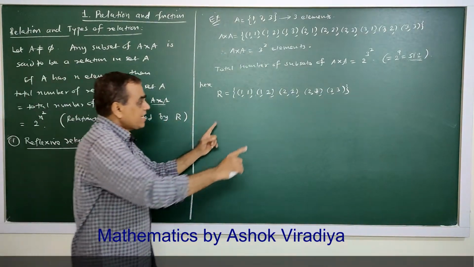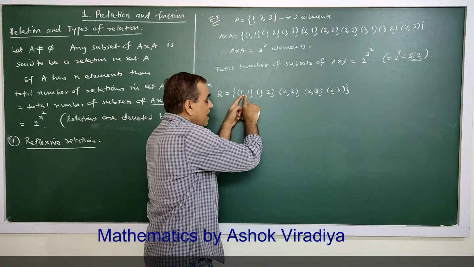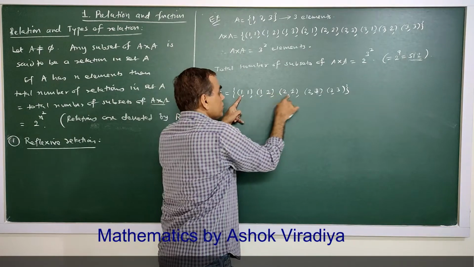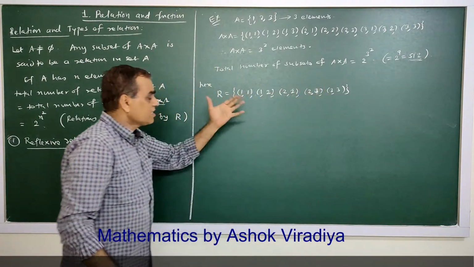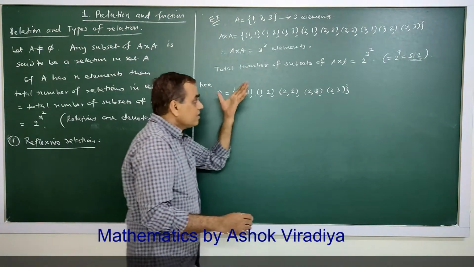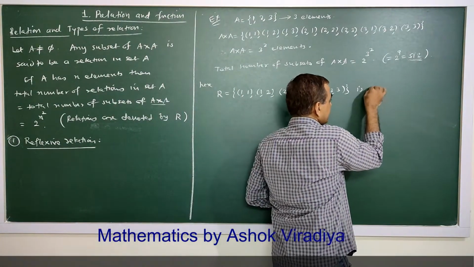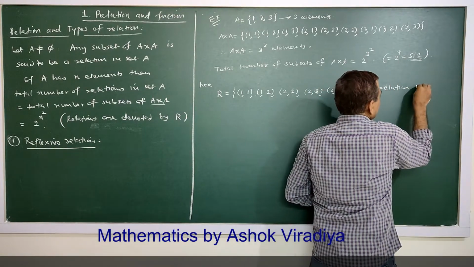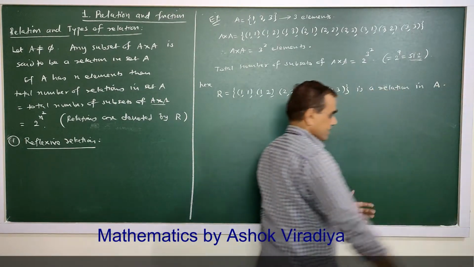See, this subset R, a subset of A cross A, contains 5 elements. It is a subset of A cross A, hence it is a relation in set A.